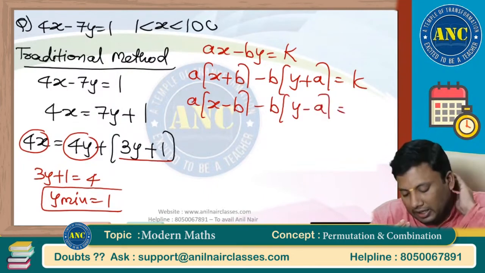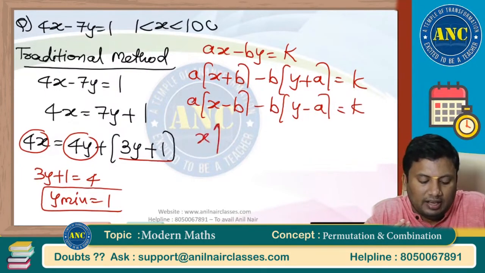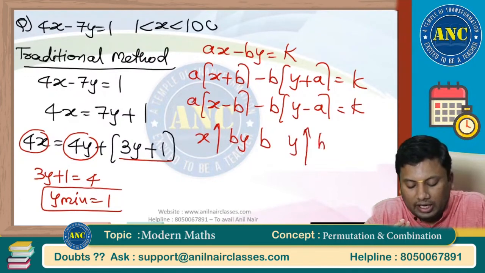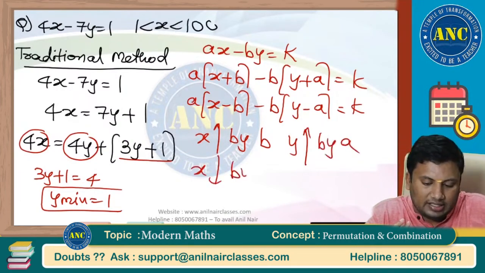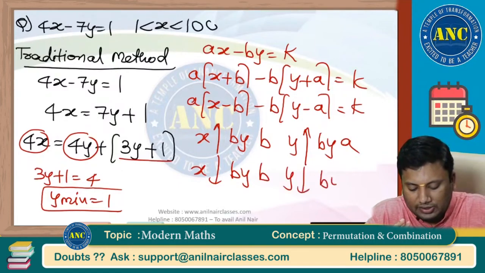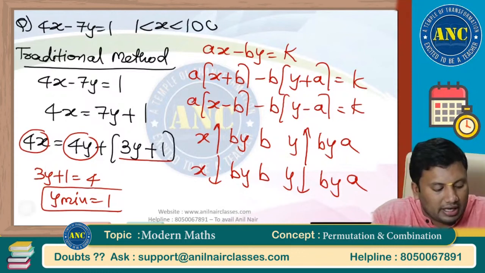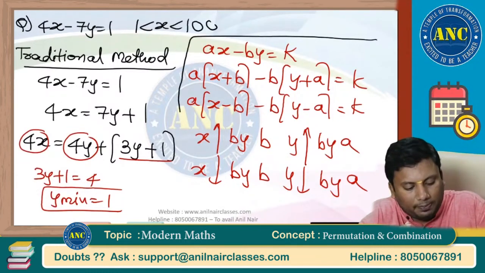These are nothing but minus ab plus ab. So if there is a minus sign, if x increases by b, y also increases by a. Please write down this point. If x decreases by b, y will also decrease by a. Please make a note of this important point.